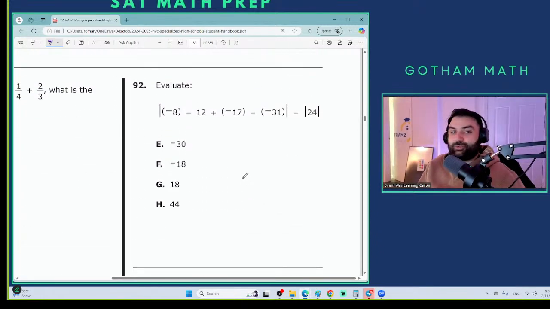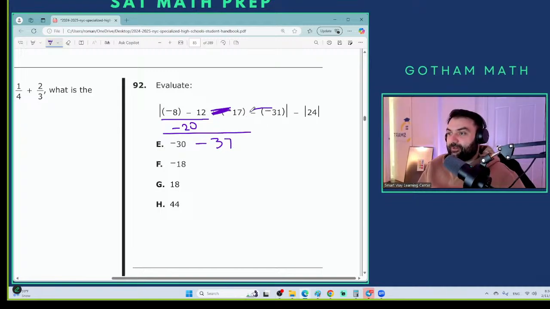All right, 92. Let's see. Negative 12, negative 8 minus 12, that's negative 20. Negative 20 plus negative 17 is the same as negative 20 minus 17, which is negative 37.